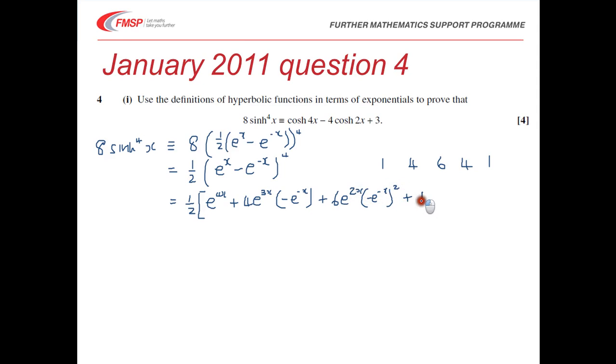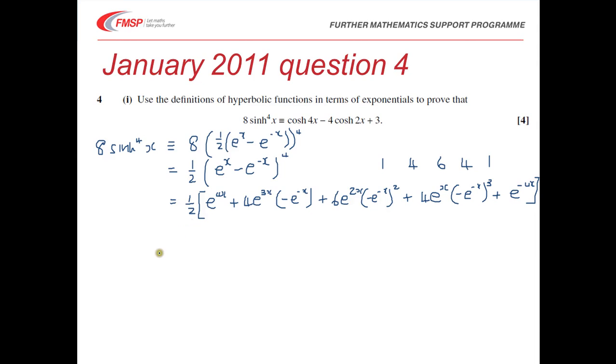And then we'll have 4 lots of e to the x times minus e to the minus x, I should say, all cubed. And then we'll have 1 lot of e to the minus 4x. All of that is multiplied by this half.